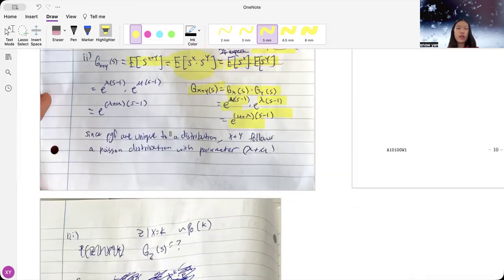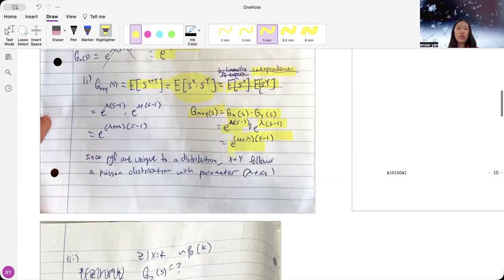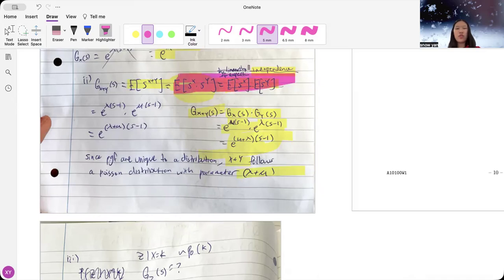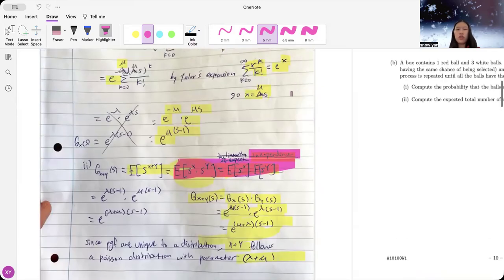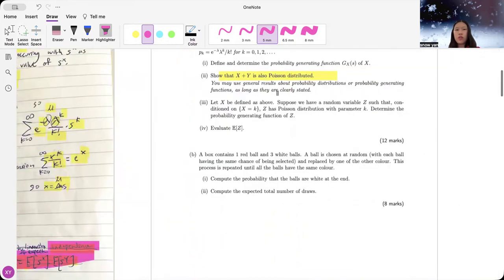But essentially you get to this, and since PGFs are unique to a distribution, X plus Y follows a Poisson distribution with parameter this. That part was correct, but this part of the justification is not very legit. I cannot do this, since it relies on independence, which I didn't establish. So that was a mistake here.